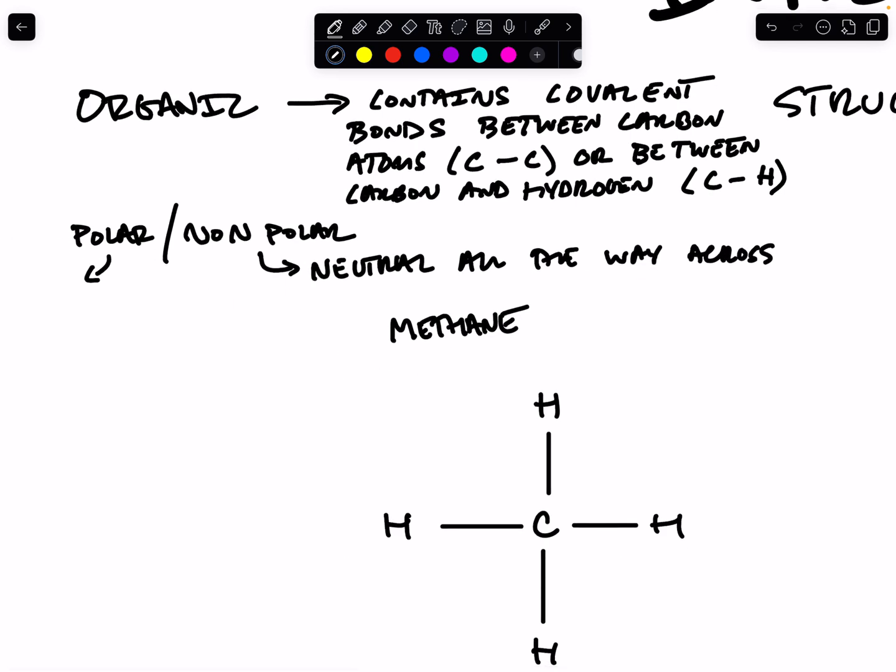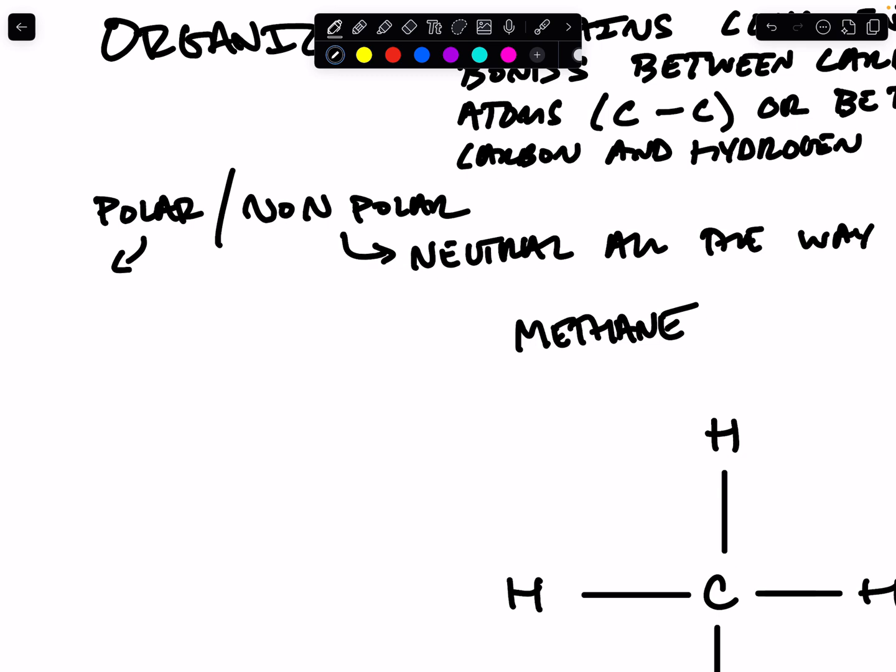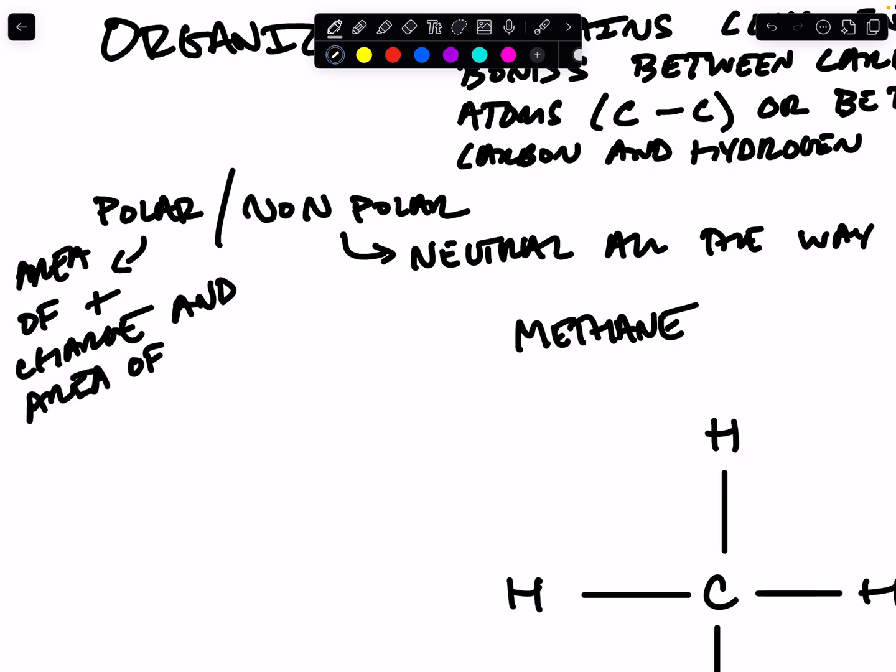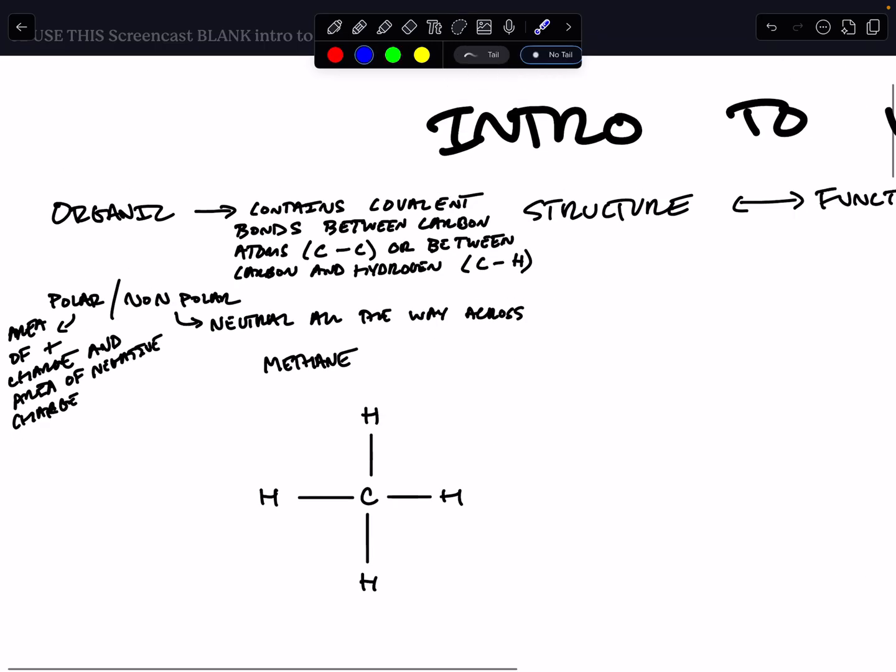Polar means that there's an area of positive charge and an area of negative charge. Kind of like the north and south poles of a magnet. A polar molecule is going to have a north and south pole where it's either positively or negatively charged on one or the other end.